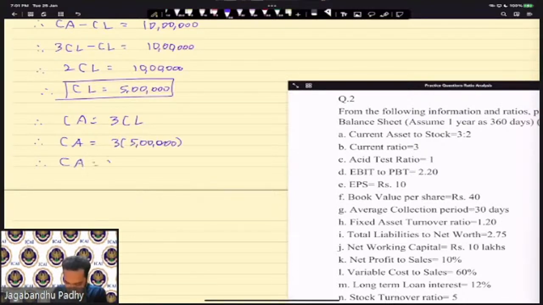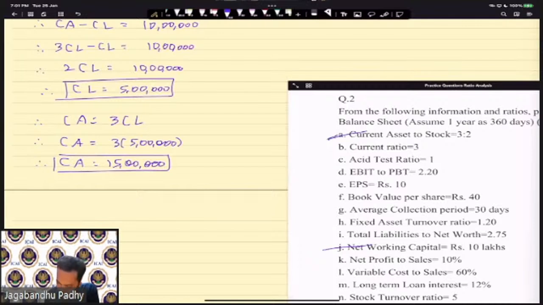Therefore, current asset is 15 lakh. So we have utilized the current ratio and also the net working capital.